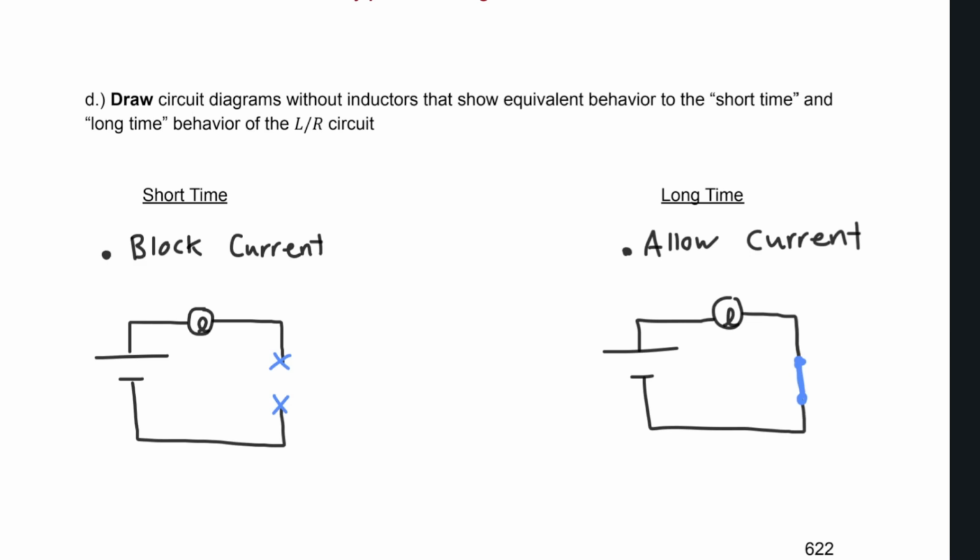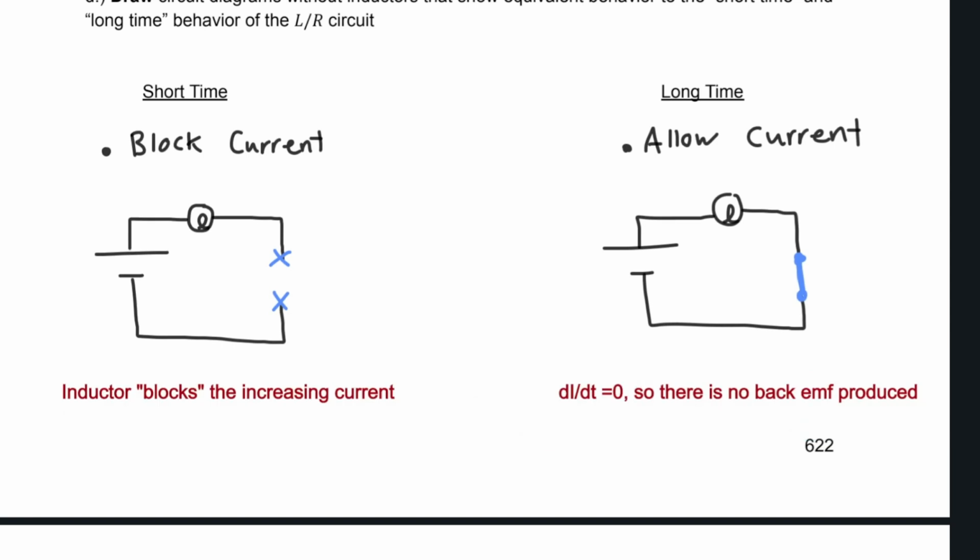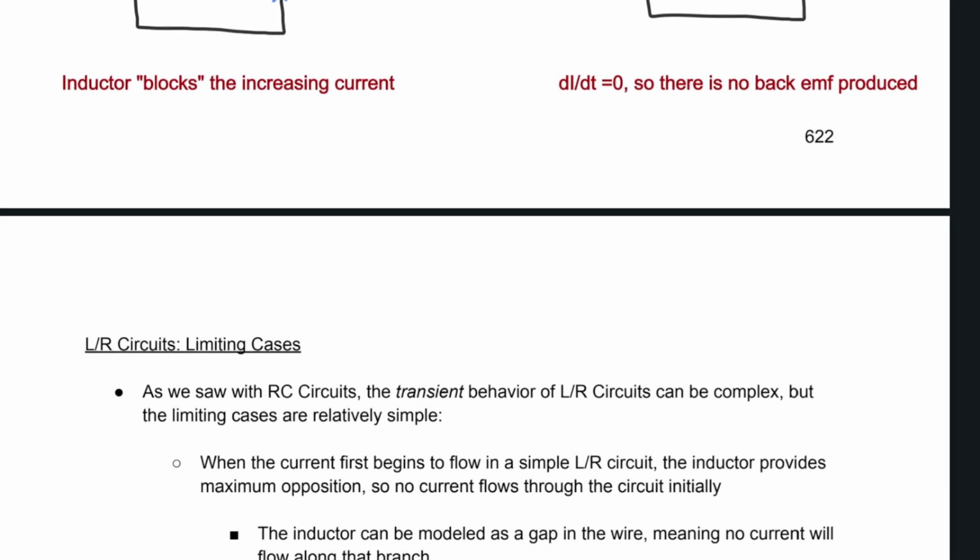Also, we could look at this in the lens of resistance, where there's infinite and zero resistance, respectively. So first, we have the inductor blocking the increasing currents, and then we have no rate of current change. So even though there is current in the circuit, the inductor is perfectly fine with that because it's not changing. So this allows us to make our simplification as we did with capacitors.